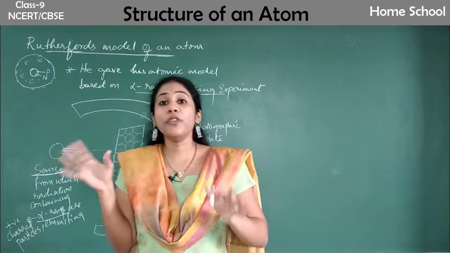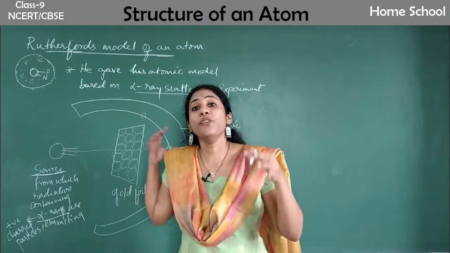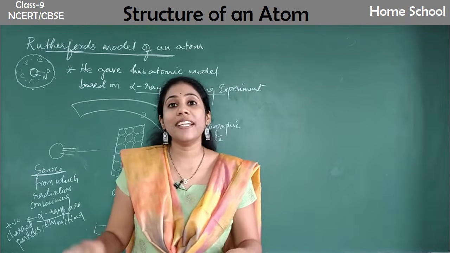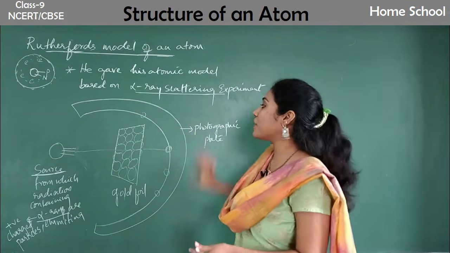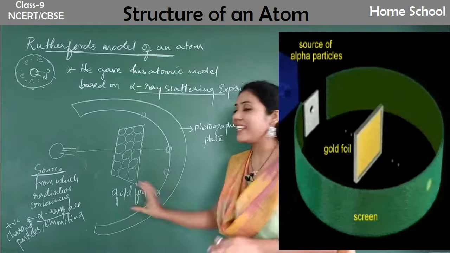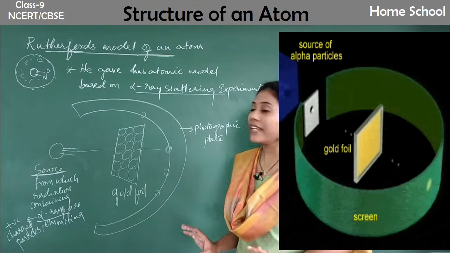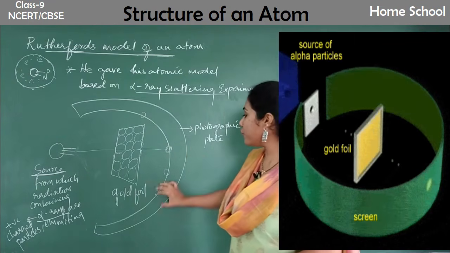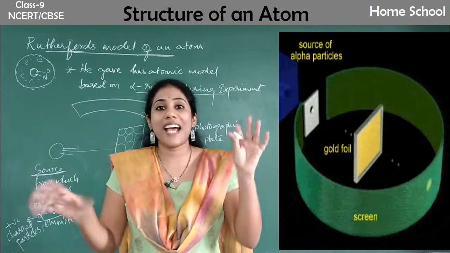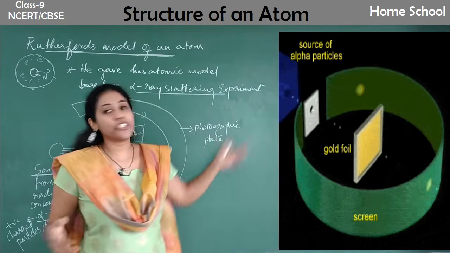Since you cannot see the radiations with your naked eye, you want some proof of whether they are passing through or not, where they are going and where they are hitting. That's the reason for this photographic plate. Wherever radiations hit, a kind of glow starts appearing, just like in the picture.